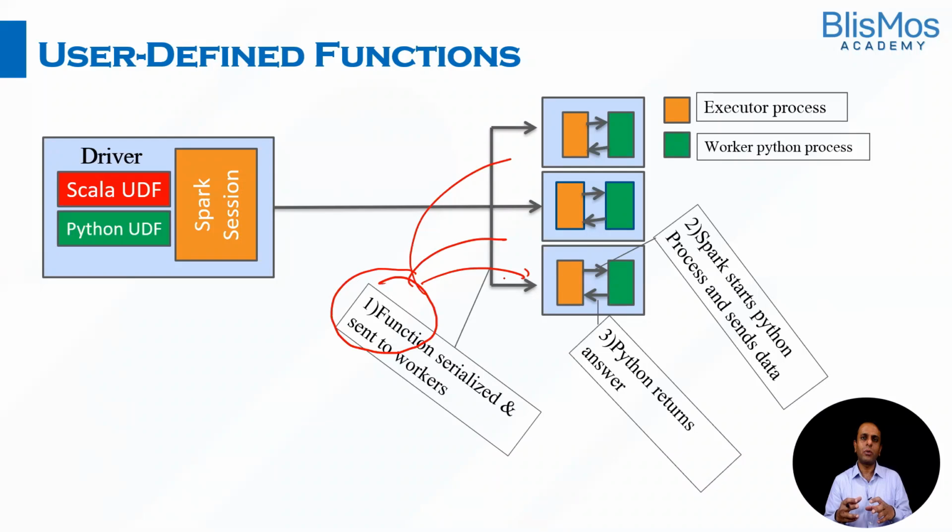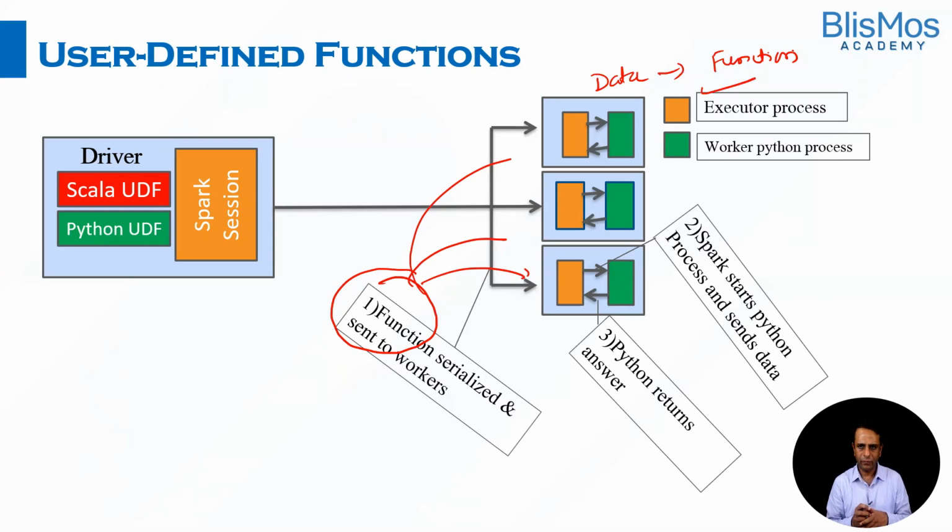The data which is there in each of the executors also needs to be serialized and sent to the Python function. Now serialization of the function is happening, and also serialization of the data, the way the Python function understands.